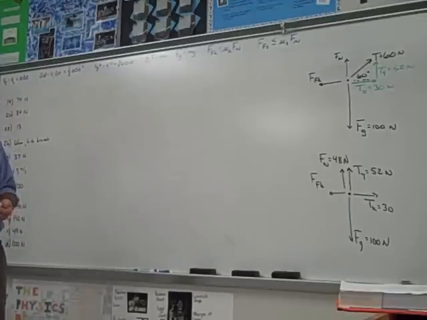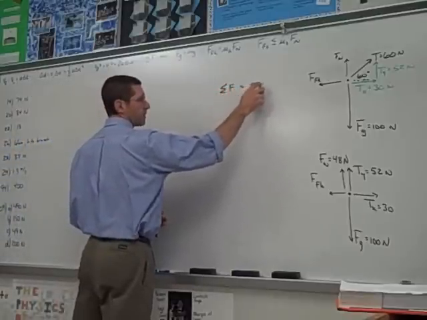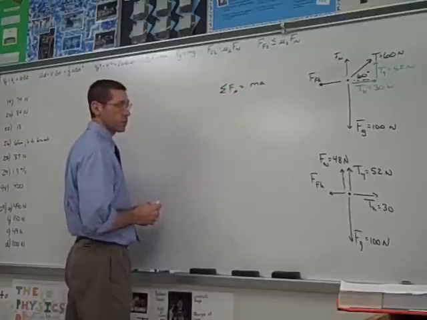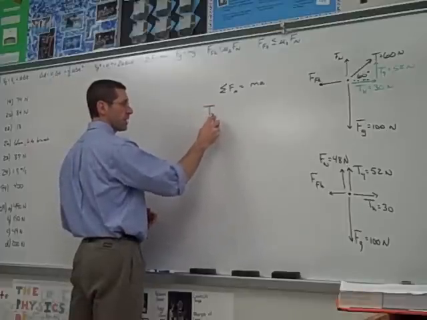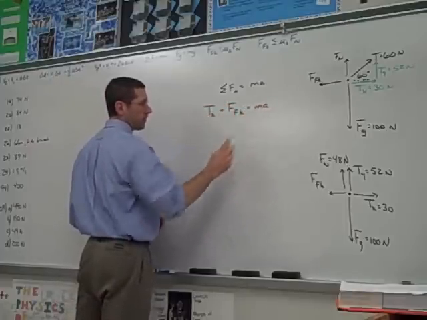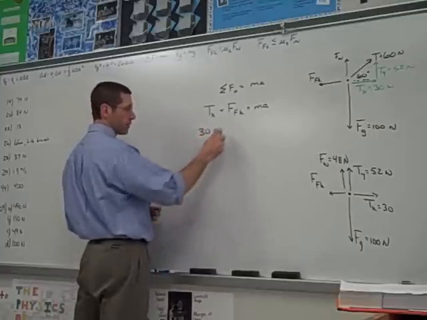So to get the acceleration of the box, we know we're going to need to use Newton's second law. So let's write that out. Newton's second law, F equals ma. We're only going to worry about the x direction. So we're going to have tension in the x plus kinetic friction equals ma. Tension is 30. We don't know the friction.